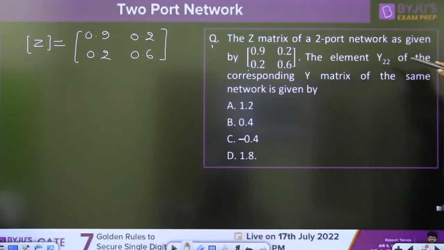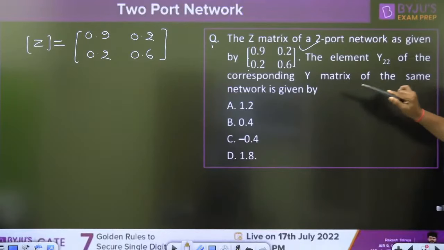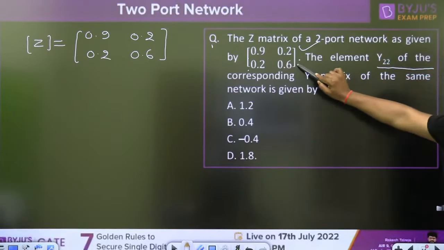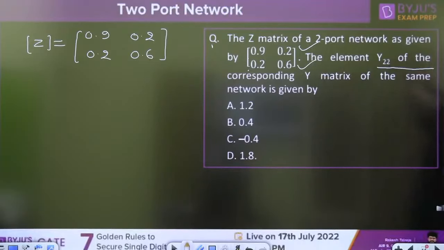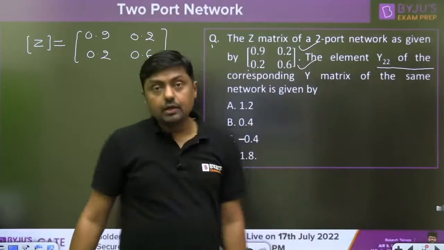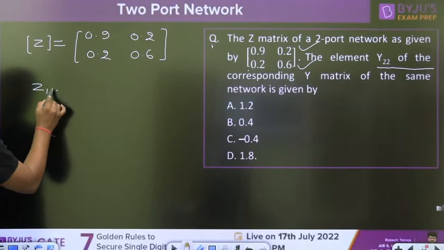So normally the Z parameter is given. You have to find the Y parameter, Y22. And simply they may ask the question, what about this matrix? Is this the matrix for a reciprocal network or non-reciprocal network? Then simply watch Z12 and Z21.